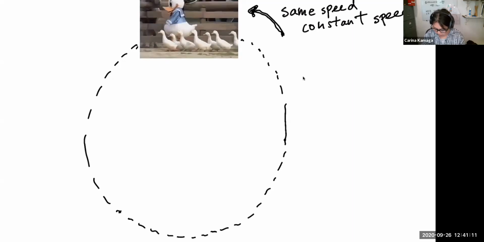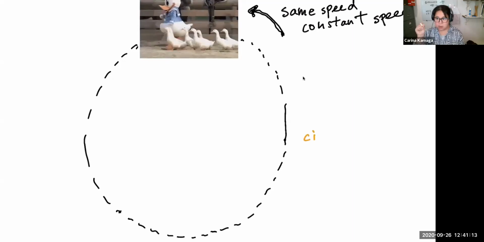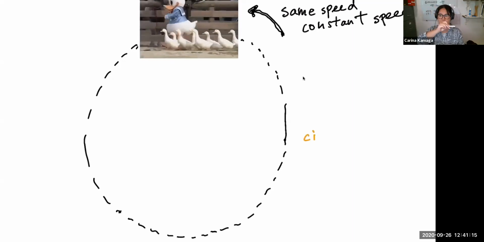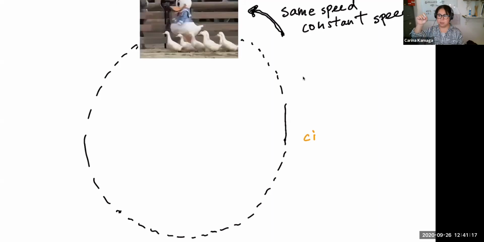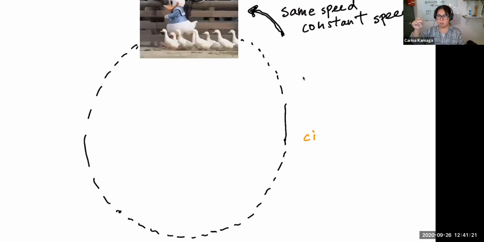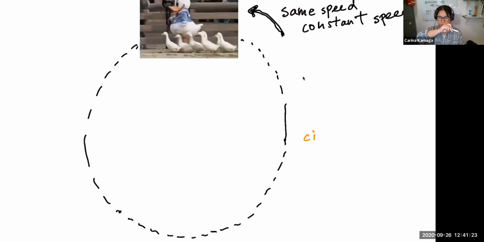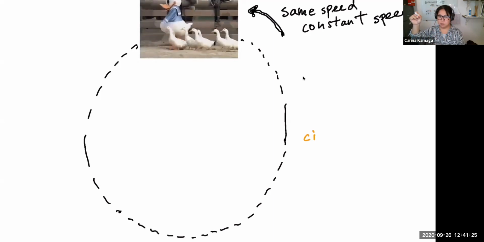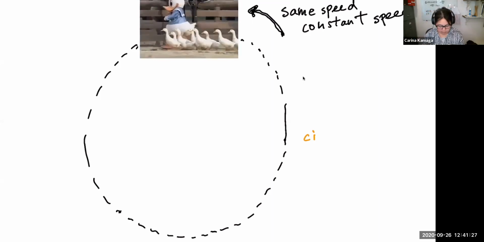It could be moving along a smooth path without changing speed, just going around and around, marching with the same speed. No stop, no speeding up, no slowing down, just like a clock.